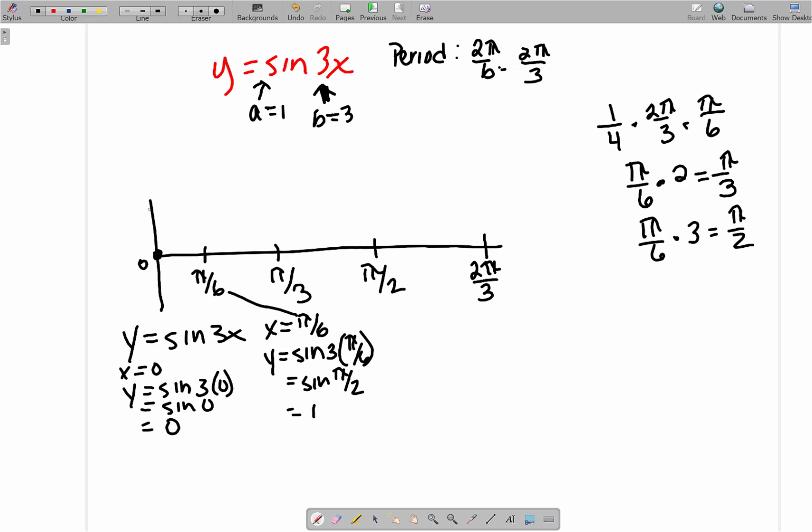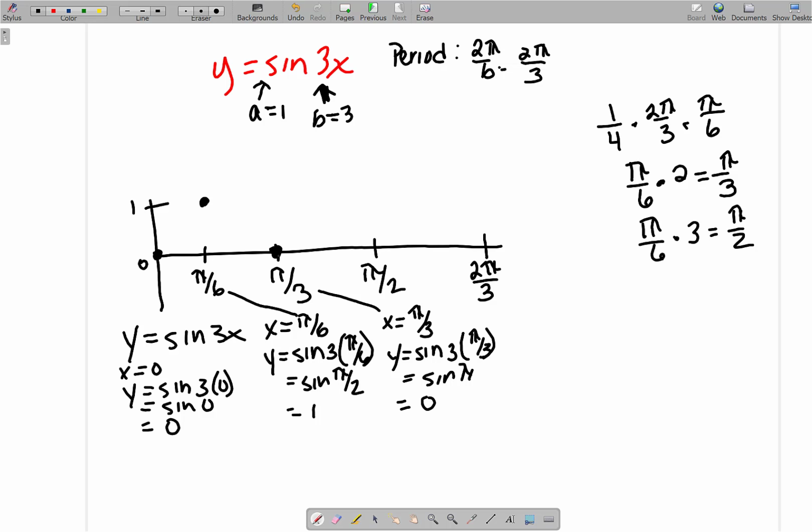So at pi over 6, we're going to 1. Now for x equals pi over 3. Y equals the sine of 3 times pi over 3 equals the sine of pi. And what is the sine of pi? 0. So at pi over 3, because remember that's our x, y is 0.